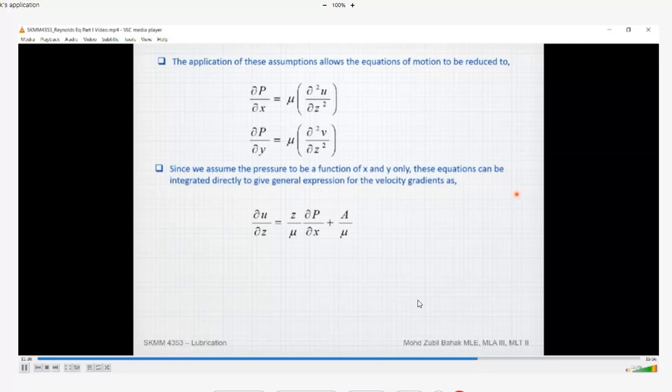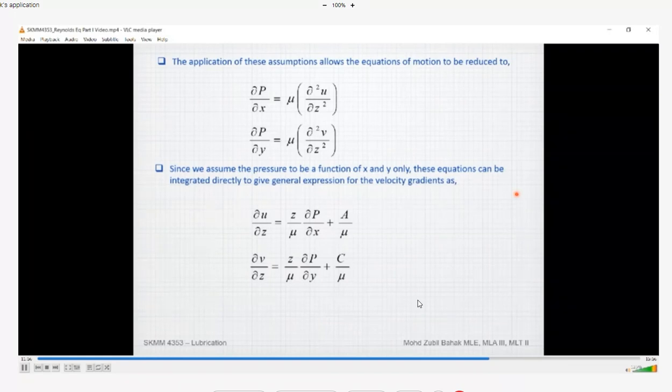So when you integrate it once, you have partial u partial z equal to z over mu partial p partial x plus a over mu. And also the same in terms of v.